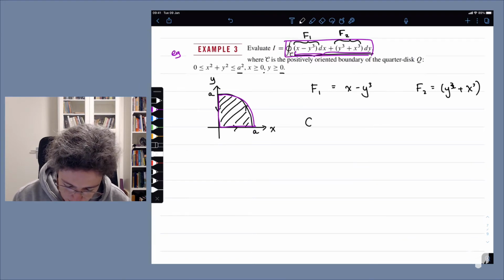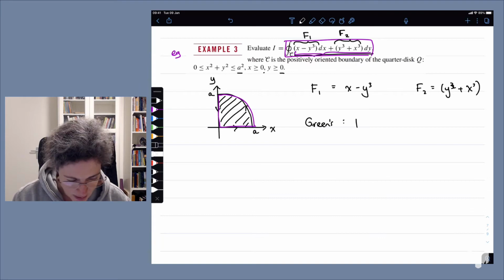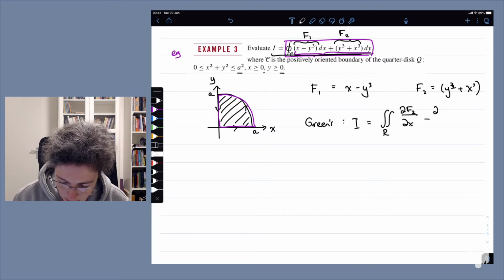And Green's theorem says that our integral, this crazy thing here, must be the same as the integral over the region that we're interested in of df2 by dx minus df1 by dy over the region.